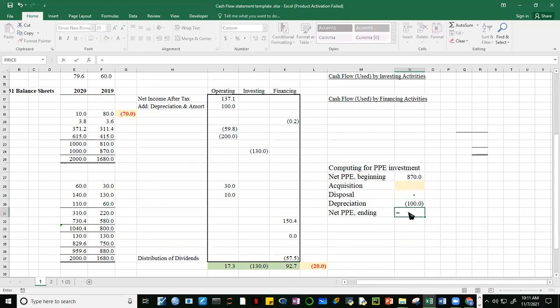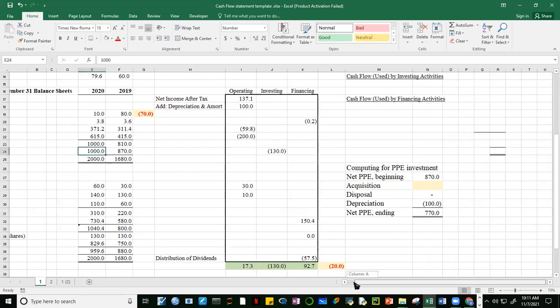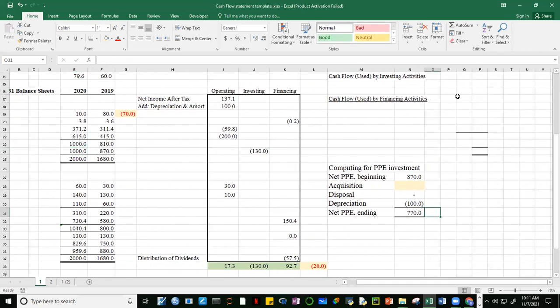But we can just make the depreciation negative and sum up everything. It turns out that your net PPE ending is 770, and it's not the same as 1,000. This should be 1,000.